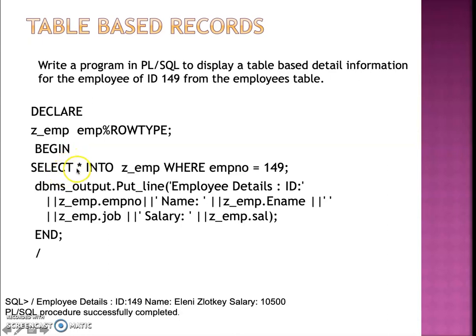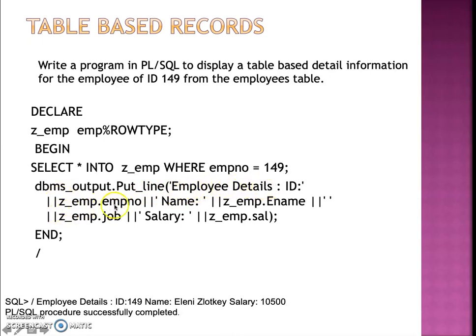Now we can see SELECT * INTO ZEMP means one whole record in a table will be accessed by ZEMP. A particular record having EMP number equal to 149 is taken, and that can be shown as an output, DBMS_OUTPUT.PUT_LINE, as shown here.